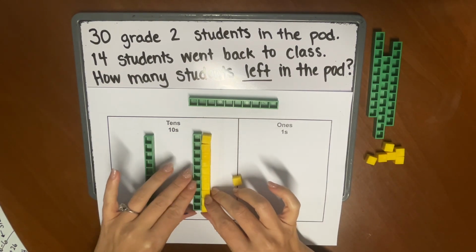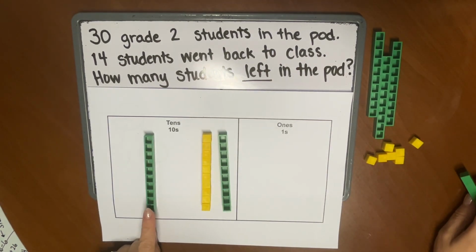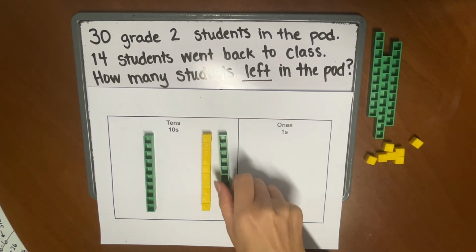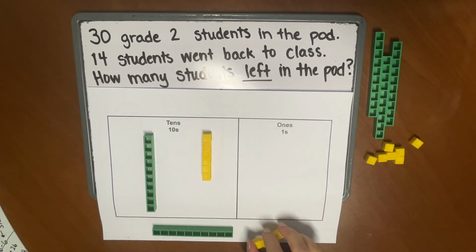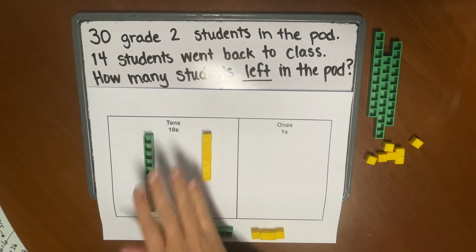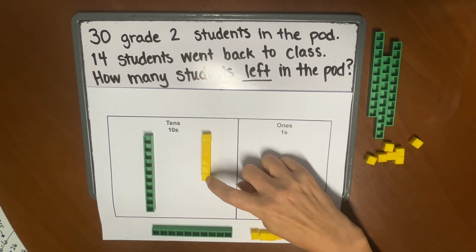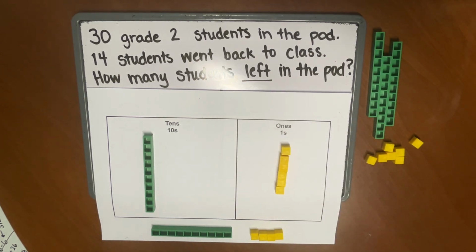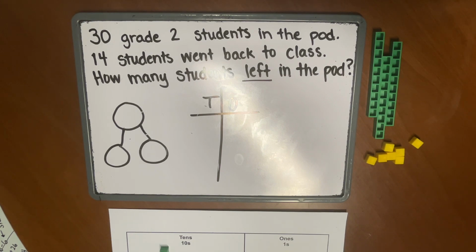So I can just match it right to it. And if I trade that out, I still have 30, 10, 20, 30, but now I can take away that 14. So I'm going to take away the 10 and take away the 4. And how many are still left in the pod? Well, 10, 11, 12, 13, 14, 15, 16 were still left in the pod. Now these are ones, so I'm going to move them back over here, and I can see it's 1 10 and 6 ones. Let's go ahead and draw this.